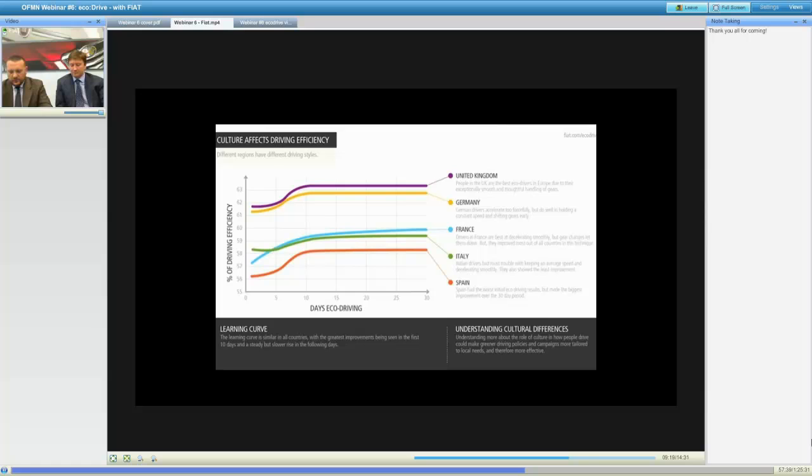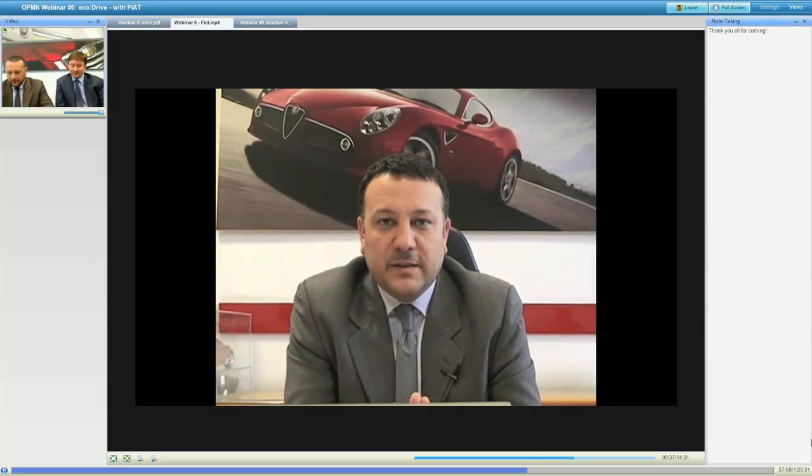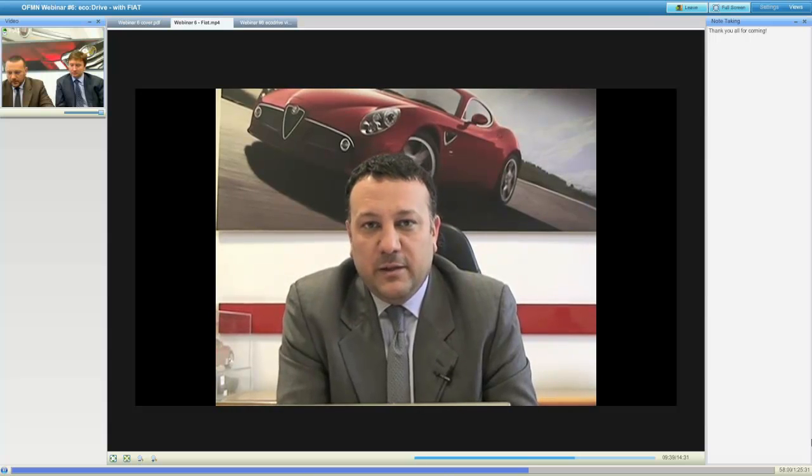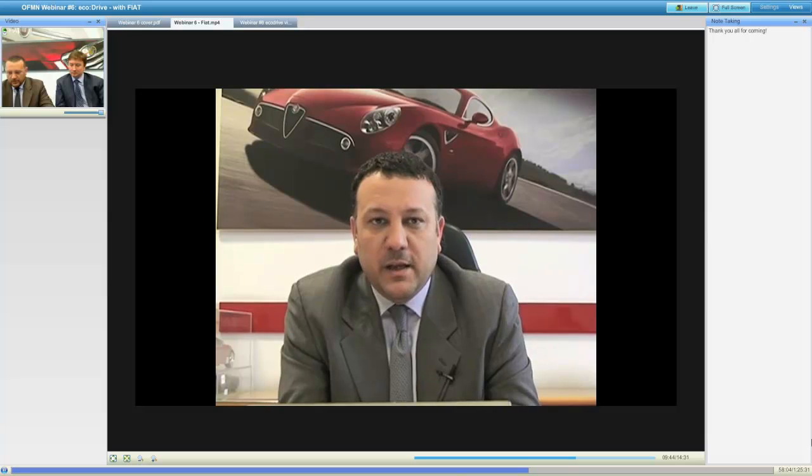Then we have Spain, which has the worst initial eco-driving, around 56, but they had the biggest improvement during the 30 days of our study. They passed to 58-59%.